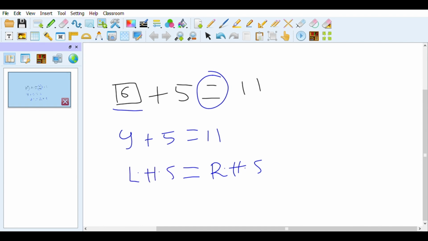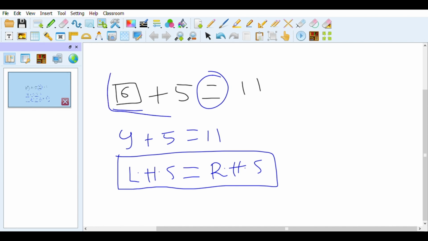So if you have this kind of mathematical statement where you have some things written on the left hand side with an equal to in the middle and some things written at the right hand side, then what we have is called an equation. So if you look at this, you see that this is an equation because we have a box plus 5 on the left hand side and we have 11 on the right hand side.